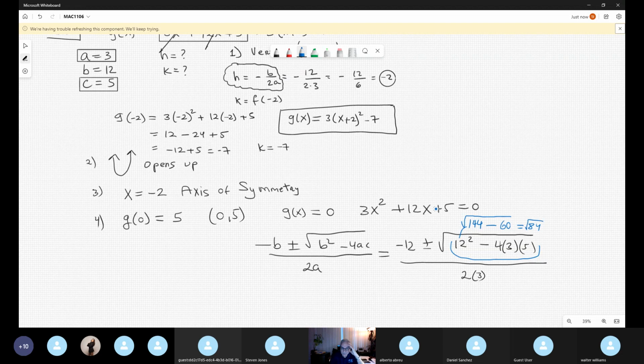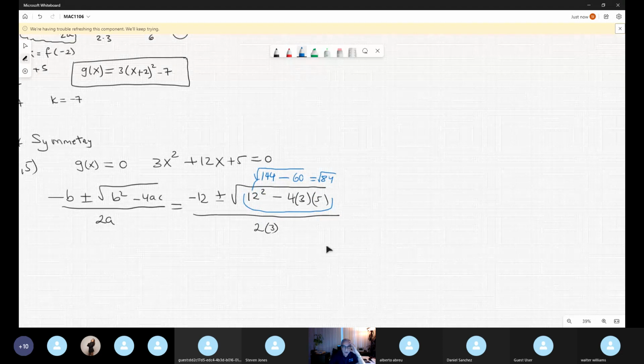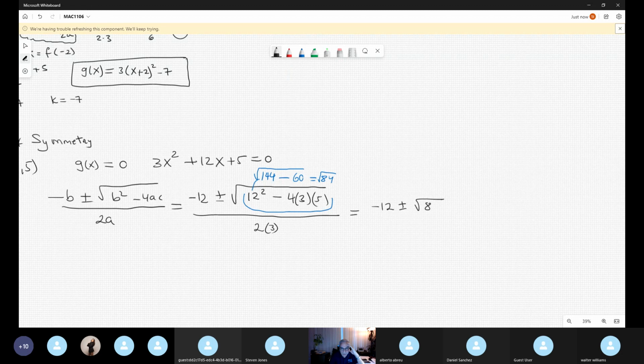Entonces 84 is, unfortunately, no perfect square number. But don't worry, we try using the calculator or with simplification a little bit. Let me try to do my best. It's obvious that the solution is irrational number. It's minus 12 plus or minus square root 84 divided by 6. Because 2 times 3 is 6. And 84, suppose que no calculator for a moment. You divide by 2 is 42.